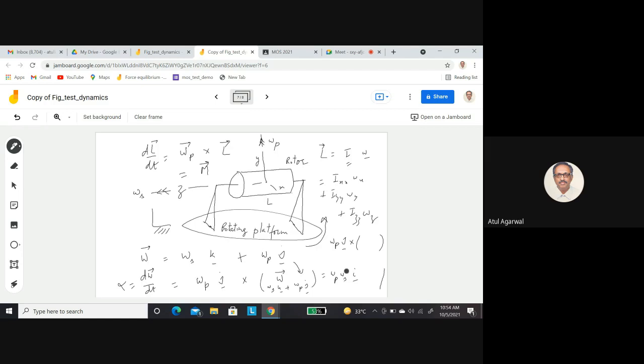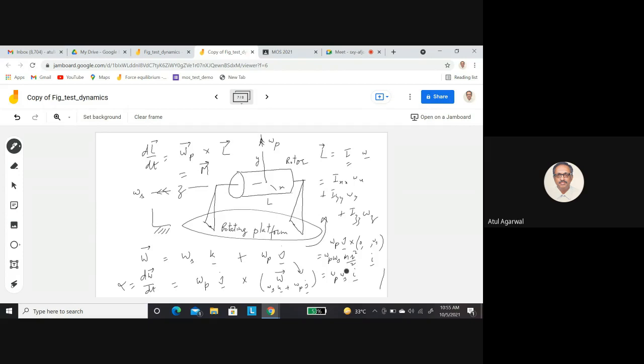The j term anyway will not contribute, so we are not calculating. Izz omega s, Izz is mr square by 2. So what do you get? Omega p, omega s, j cross k is i, mr square by 2.